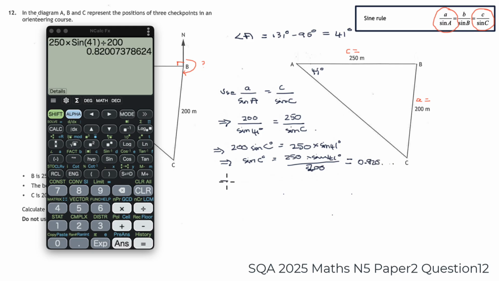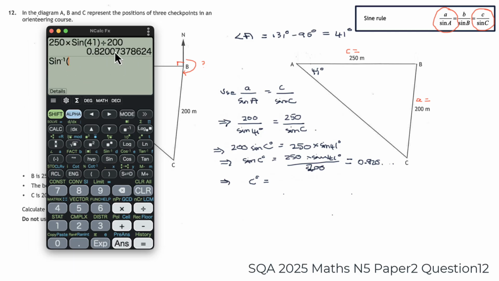Now to find C, we have to get rid of the sine and get C on its own. Now how do we do that? Well, we do the opposite of sine, which is called inverse sine, or sine to the minus 1. You should find out in your calculator how to undo the sine. I have to do a shift on my calculator and then press this button. And there we get sine to the minus 1.